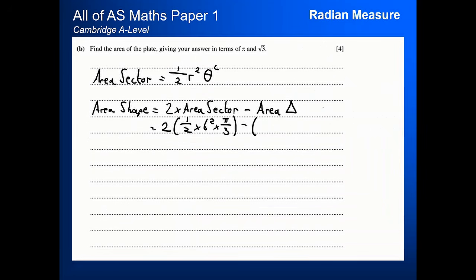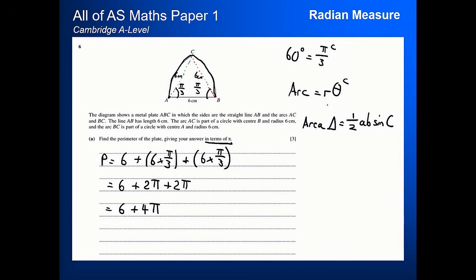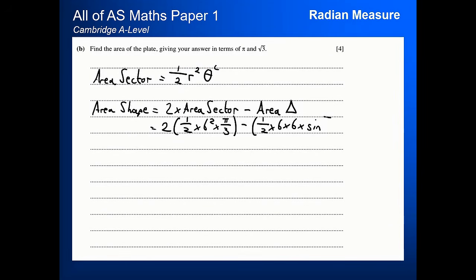If we apply that here, we get a half times a times b, so that's 6 times 6, the two sides, times the sine of the angle. Just being consistent here: if your calculator is in radians, use the angle in radians; if it's in degrees, use degrees. We're using radians here, so we're going to do pi over 3.